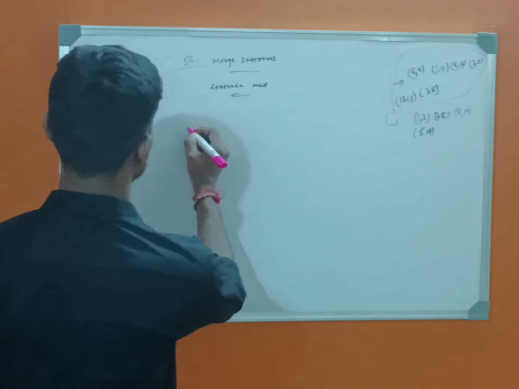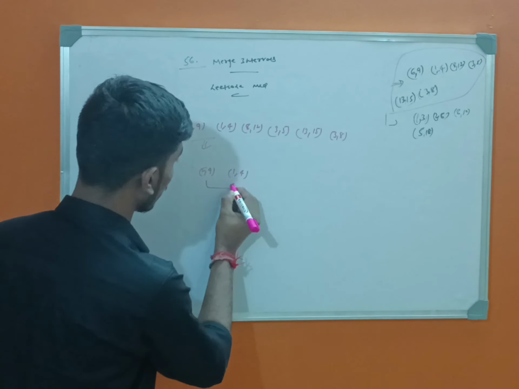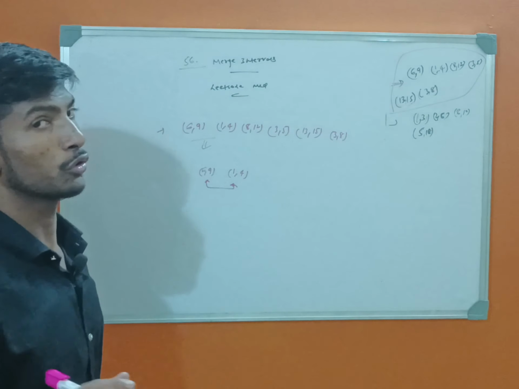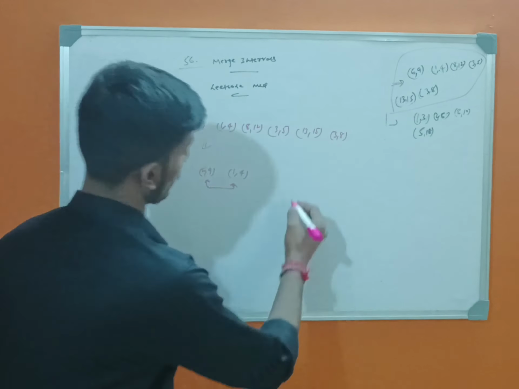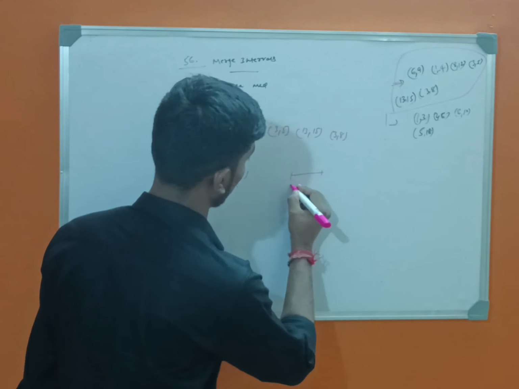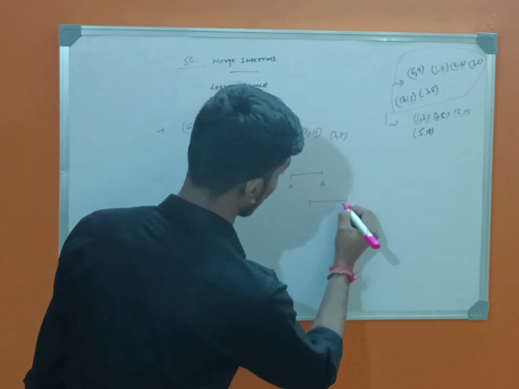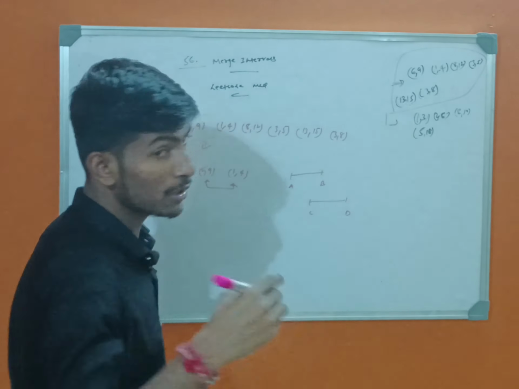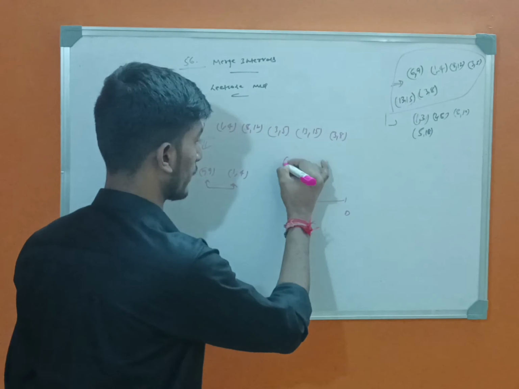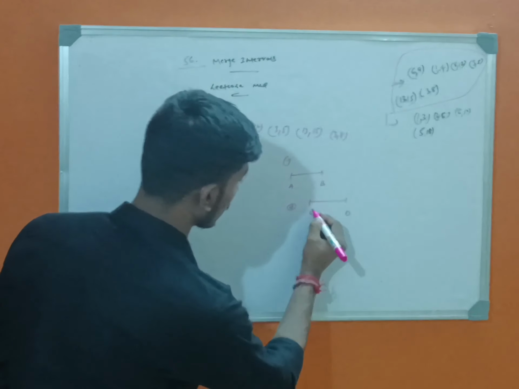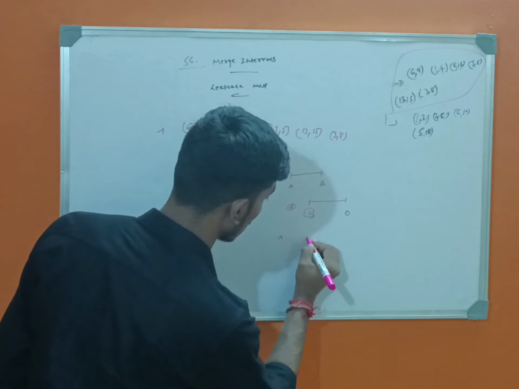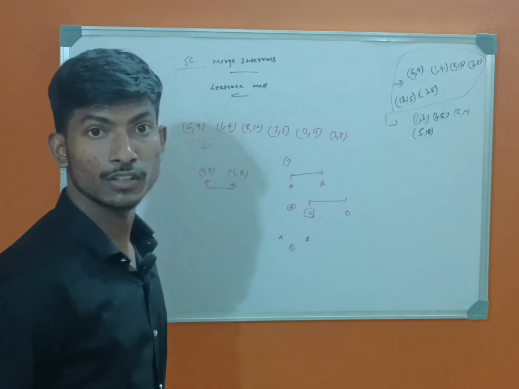So let's take one test case first. For any two pairs to be overlapping, how will we know this? Just think. On a number line, if I say it's AB and it's CD, suppose this is the first pair and this is the second pair. Just think, if this C is something which is in A and B, correct?